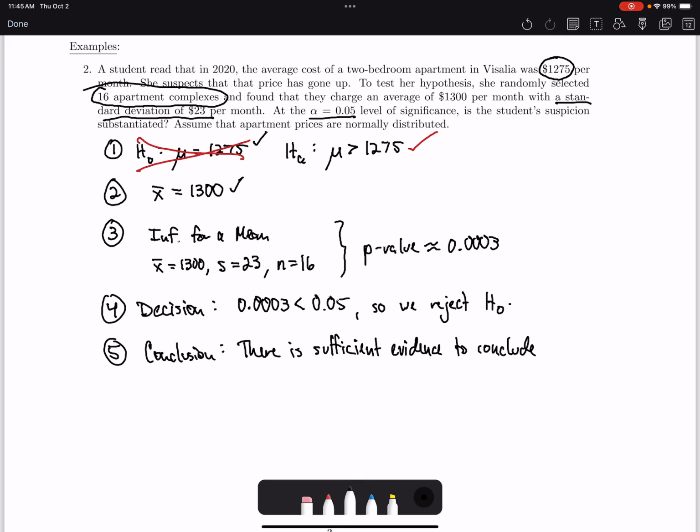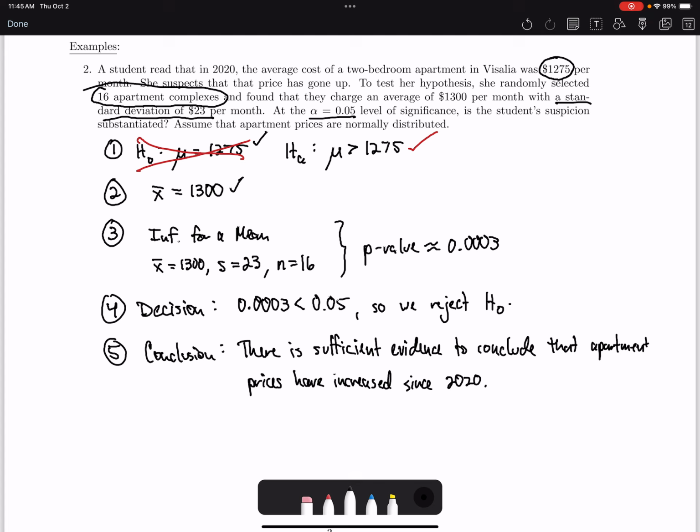So there is sufficient evidence to conclude that apartment prices have increased since 2020.